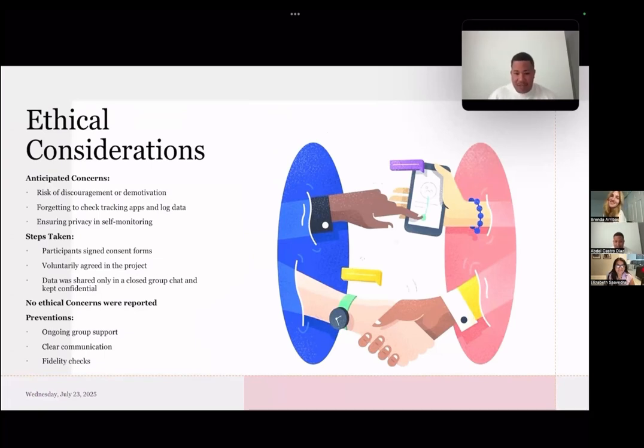To address that, we're going to practice signed consent forms, and all of us will agree on using the apps to track the data that we're going to share. And of course, we'll agree on sharing the same data we're collecting. As preventions, we're going to do group supports, have clear communication, and do fidelity checks on each other.